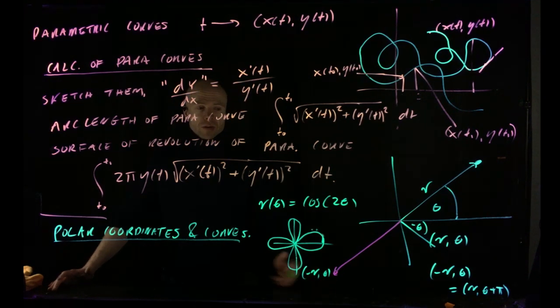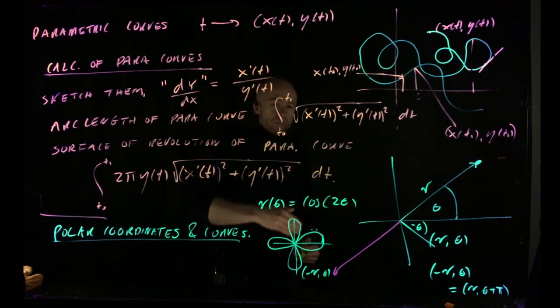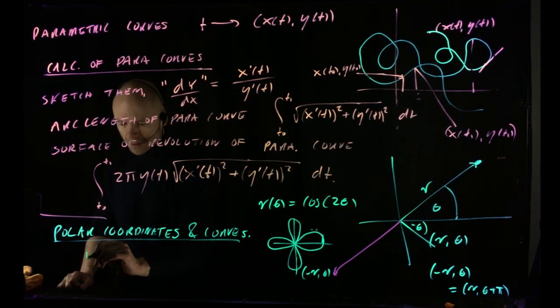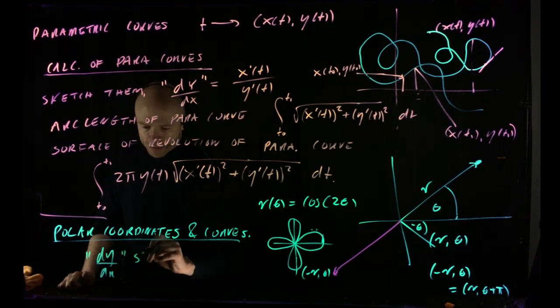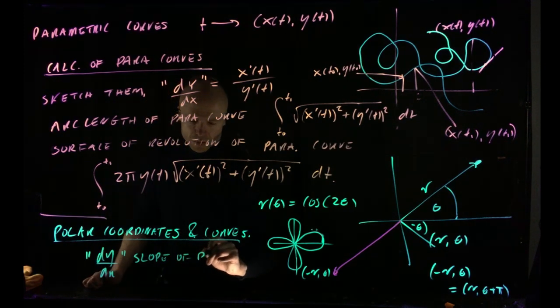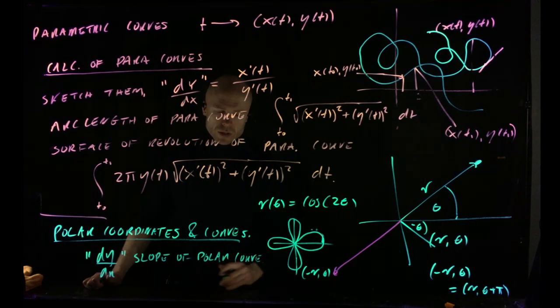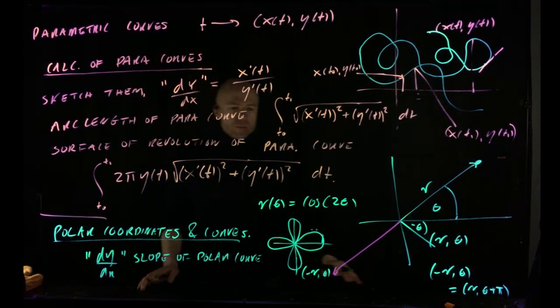And then we did some calculus of polar curves. So what did we do? We learned how to do the dy by dx slope of a polar curve. We learned how to find the area underneath some loop of the polar curve or some part of the polar curve.